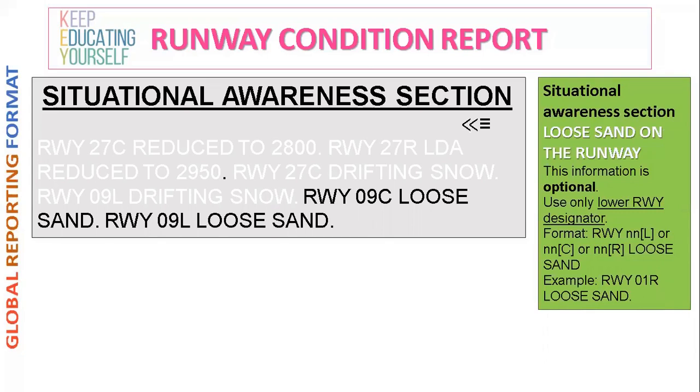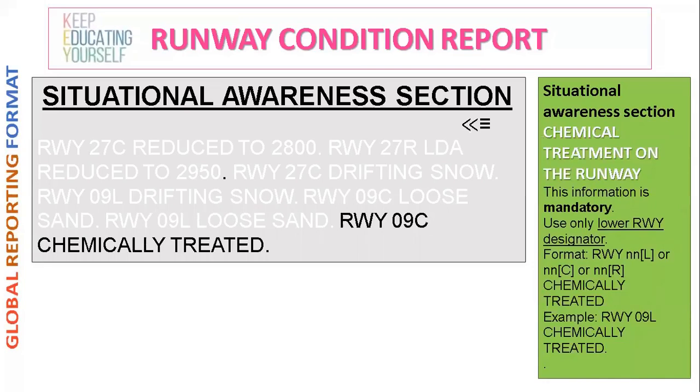So here it will be runway 09 Charlie loose sand full stop. Then runway 09 Lima loose sand full stop. Then we will see chemical treatment on the runway. I have told you it is mandatory. It will always come with the lower runway designator, and the format will be like this: runway 09 Charlie chemically treated full stop.